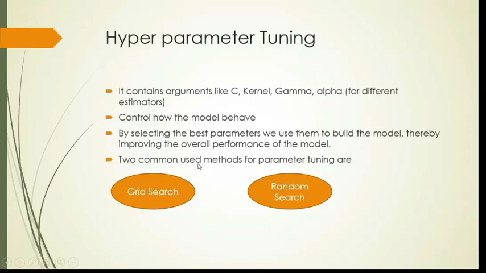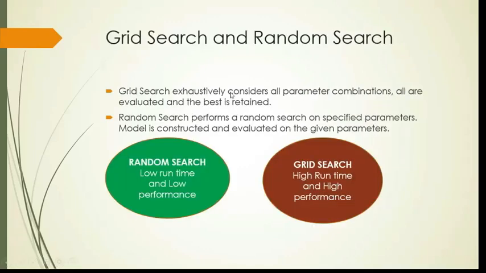The two common methods for hyperparameter tuning are grid search and random search. As the name suggests, grid does a grid search, and random does a randomized search. We've got respective functions for this in Scikit-learn: RandomizedSearchCV and GridSearchCV. CV is cross validation.